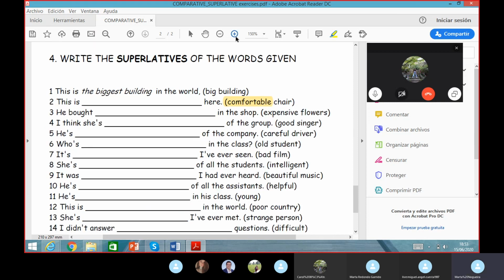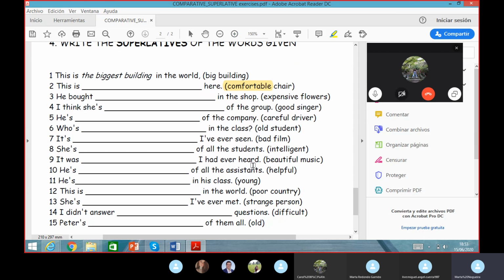Three, I'm gonna make it bigger if you don't see it. He bought the most expensive flowers in the shop. Four, I think she's the best singer of the group.